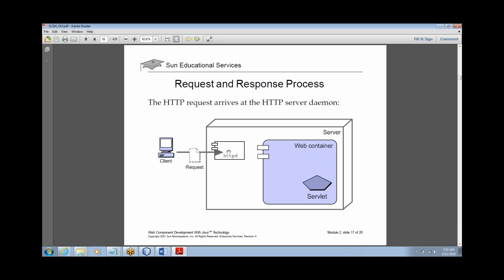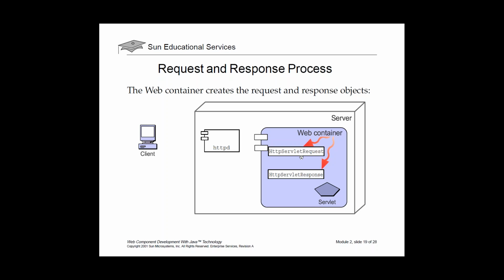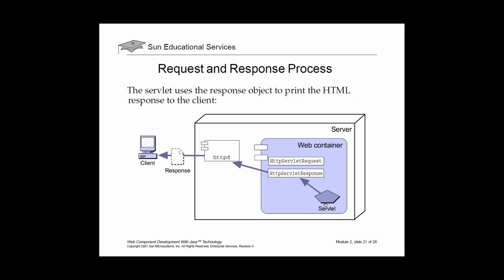Now the client is sending the request, and when the request is being sent, your web container creates two objects. One is HTTP servlet request, and the other object is HTTP servlet response. And then it calls the service method. Then it takes help of this response object to send the response to the client.